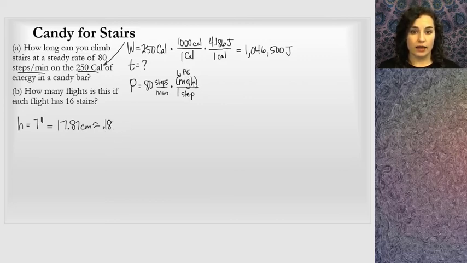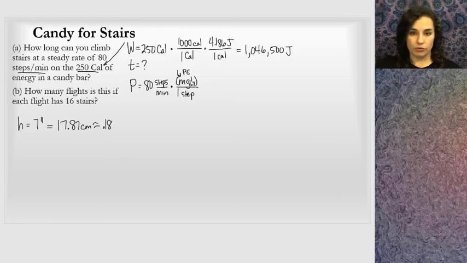So that will be the height gained for each step. We get this much potential energy gained, right? All of this candy bar will be transferred into giving our body potential energy. There's a transfer of chemical energy into mechanical energy into this potential energy.